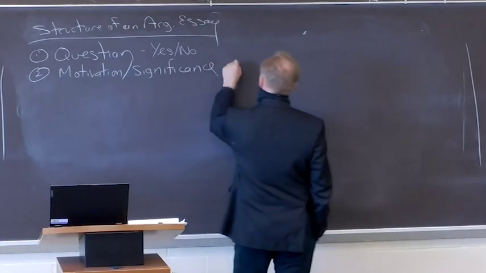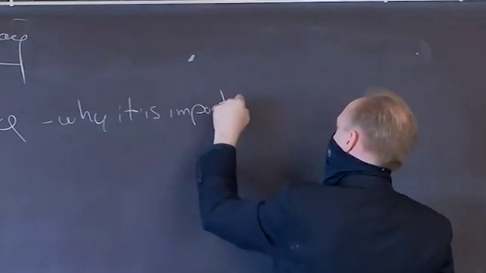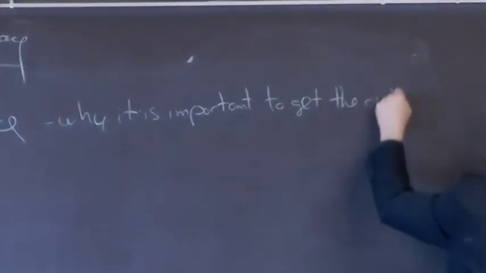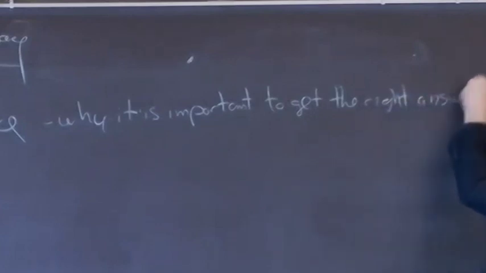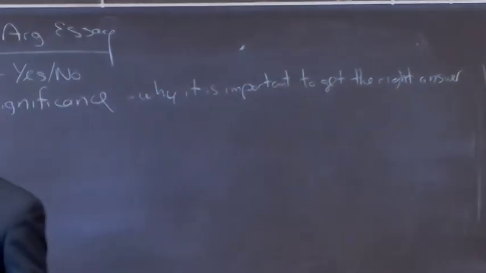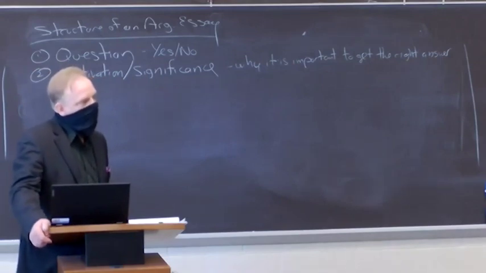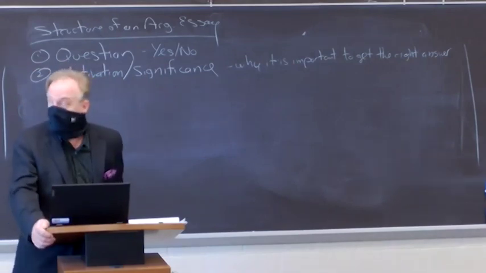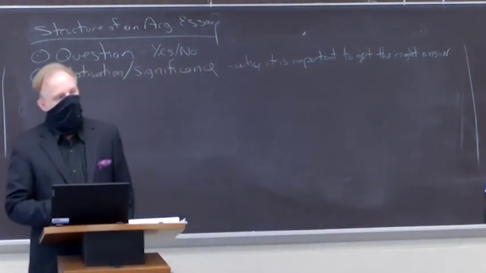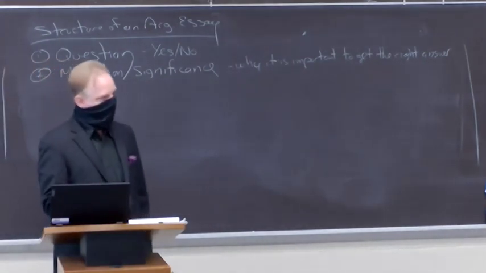That is to say, we ought to have an account in the paper, I think, in the first paragraph or two, of why it's important that we answer this question correctly. Why is it a question that is significant rather than trivial? You give the motivation for the question. You talk about the significance of the question, why it is an important question. All of this prior to actually answering the question.